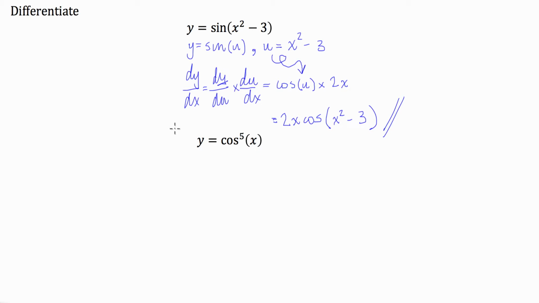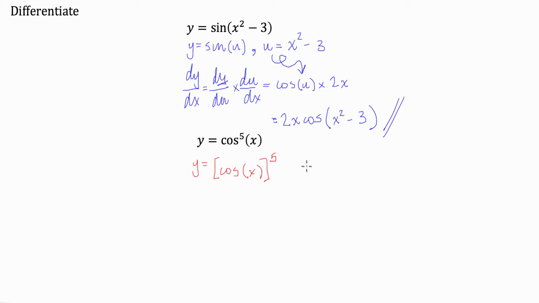The way we're going to use the chain rule here is we're going to appreciate that we can rewrite this function like this: this is equal to cos of x to the power of 5. Once we've done that, it's fairly easy to see what the inside and the outside function is. On the outside, we have a fifth power function, and on the inside, we have cosine of x.